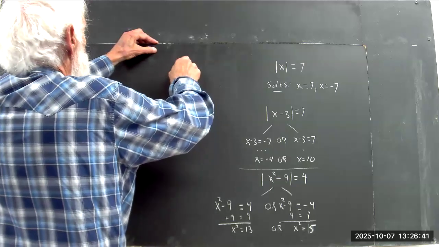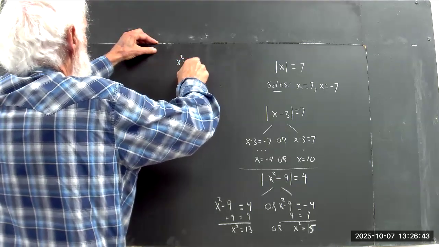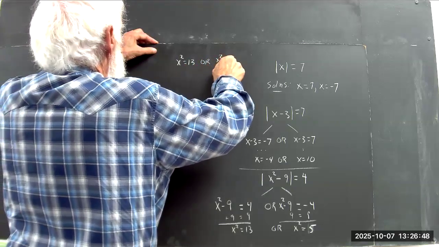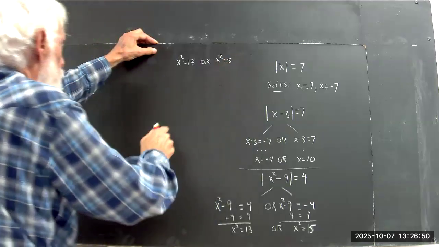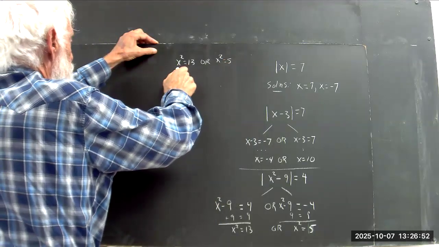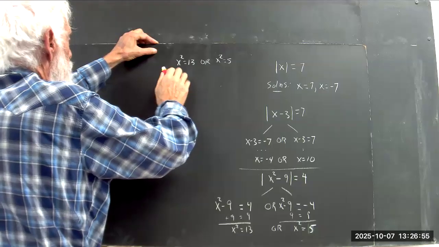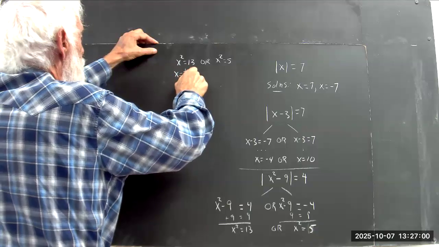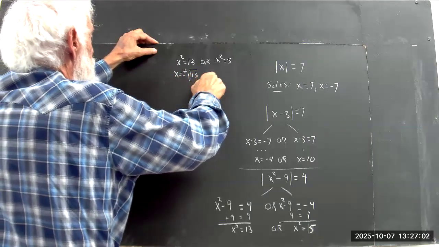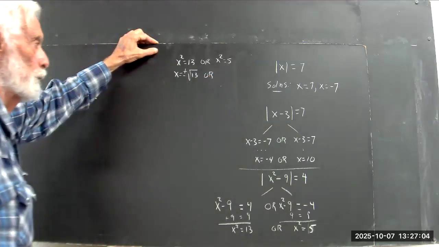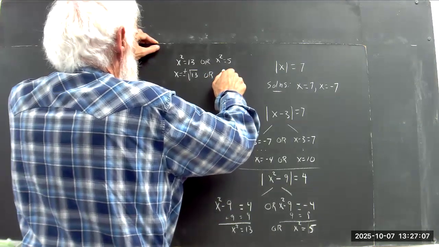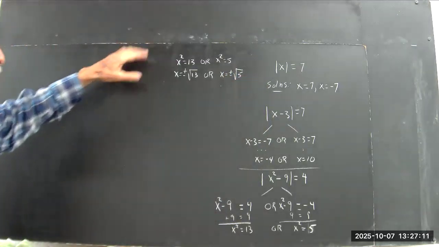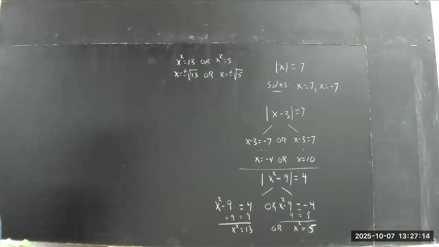Well, we've talked about this. This means x equals plus or minus the square root of 13, and x equals plus or minus the square root of 5.